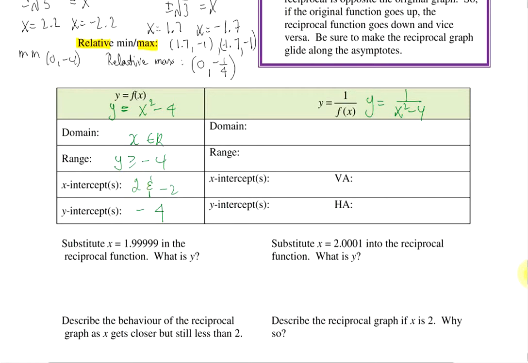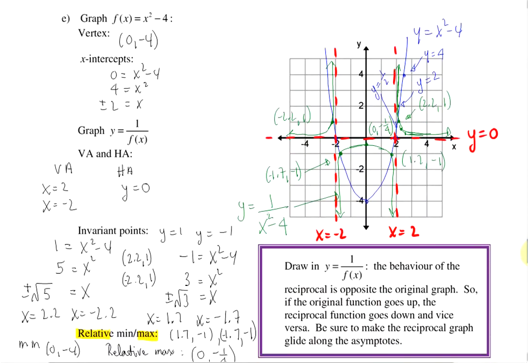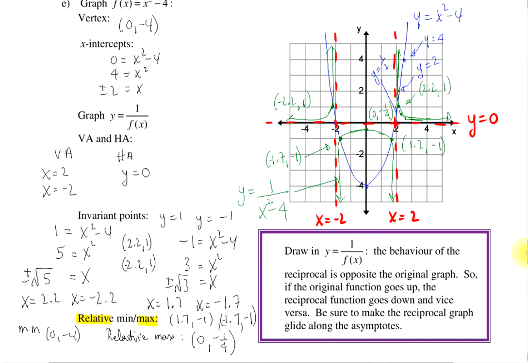Okay, on our graph, there's only two values that x cannot be. If you take a look at the green part of the graph, we have all these negative x values along here. And notice the graph goes up along the vertical asymptote, which is where x is negative 2. Then once you go on the other side of the vertical asymptote at negative 2, we have all these x values that are between negative 2 and 2.